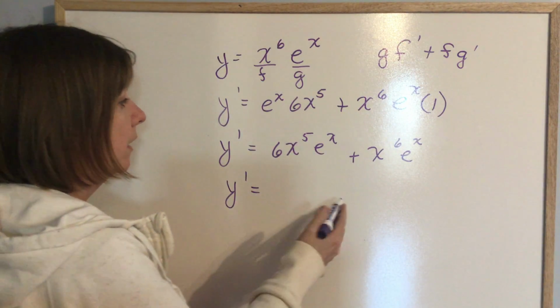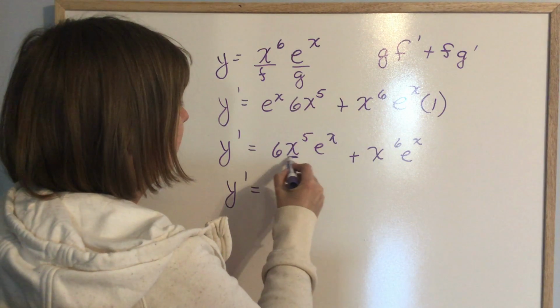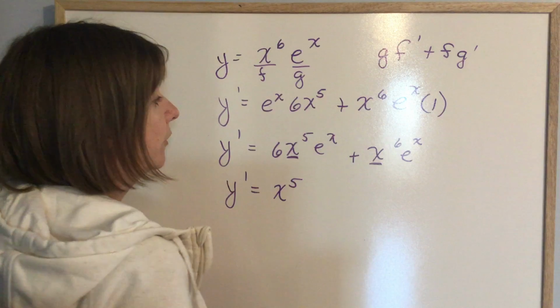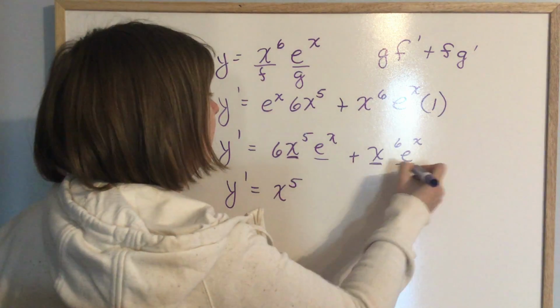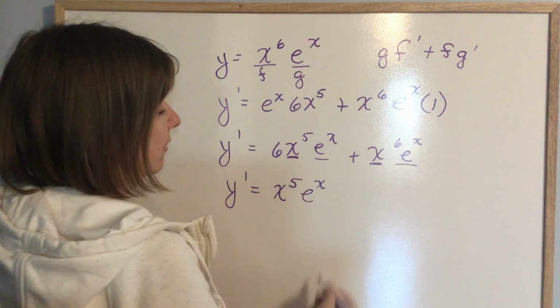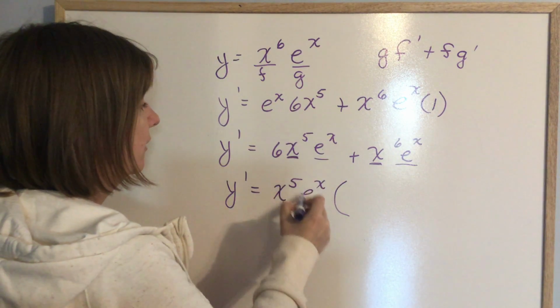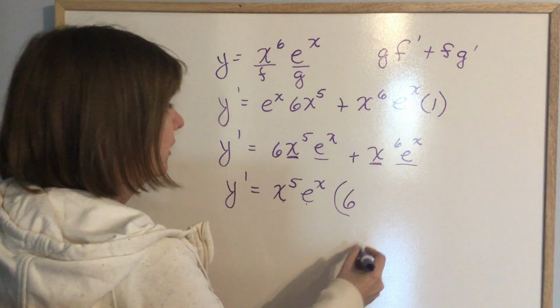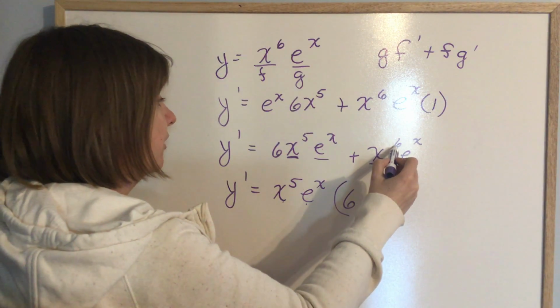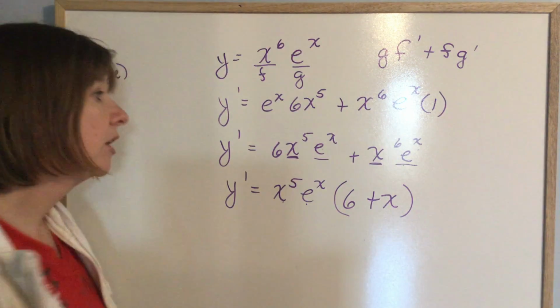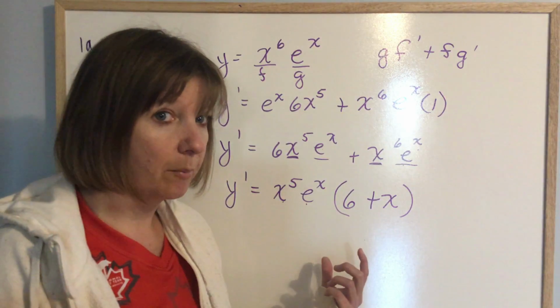Really, if I look at this, I have at least an x to the fifth in both of them. So x to the fifth is common to both, and an e to the x is common to both. So if I take x to the fifth and e to the x out, I have 6 left. And if I take x to the fifth and e to the x out, I just have 1x left. So all they did was take out a common factor.